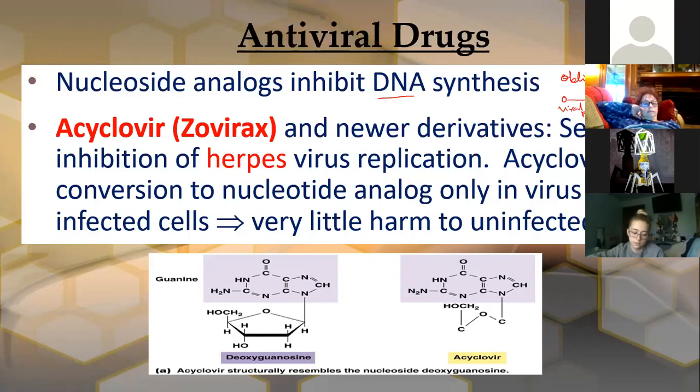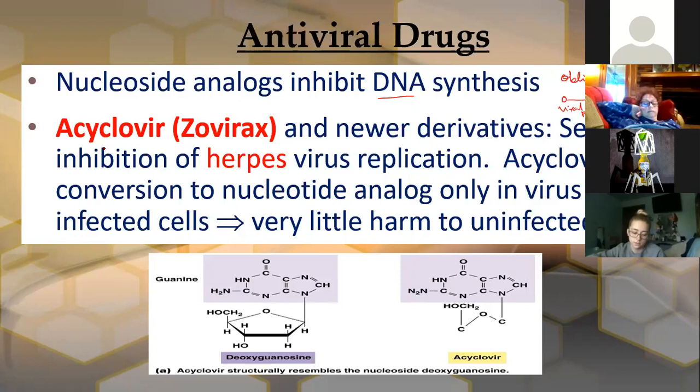Once they are in, they immediately take control of our system, and then it's very difficult to target the DNA and RNA. So we really do not have that many antiviral drugs in the market.